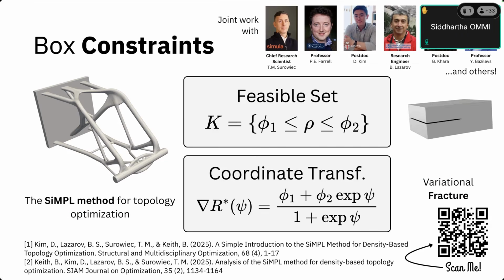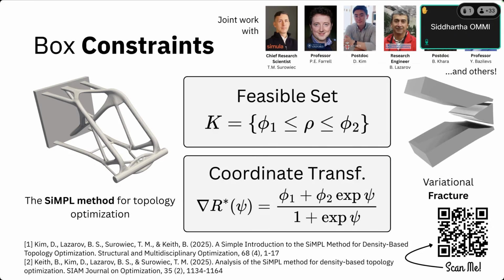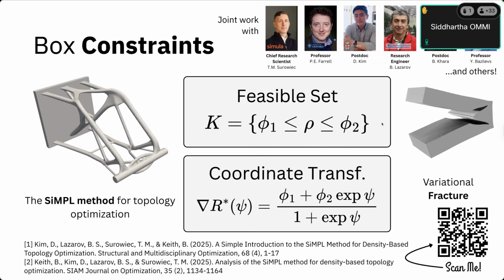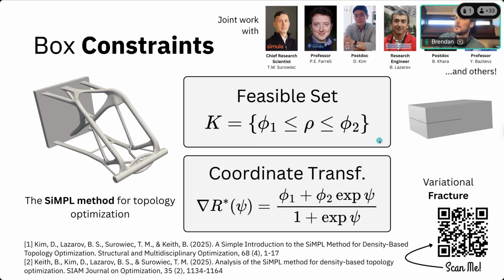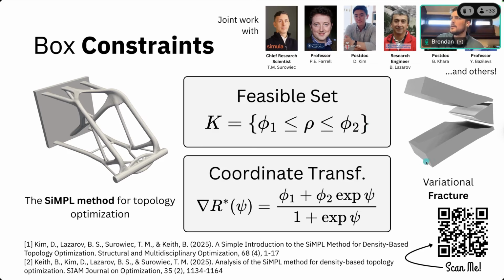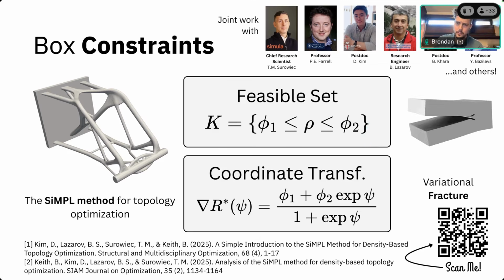But normally we don't have this phi2, the higher value, because it's a time continuous constraint that we are looking at. Well, let me clarify. In fracture, phi2 would be 1 because it's a density variable. It's supposed to go between 0 and 1.